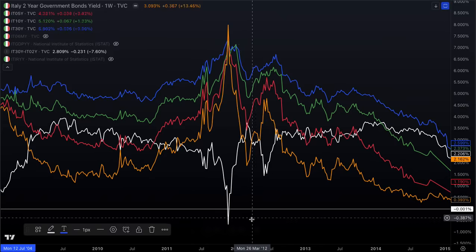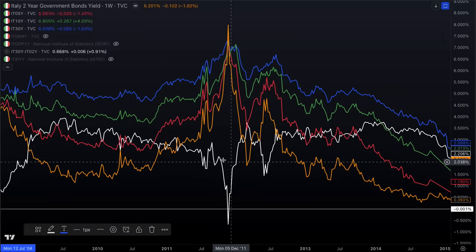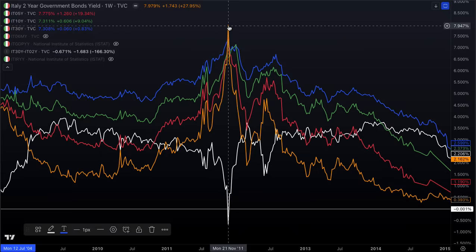Well, look at what happened to the difference between the 30 and the 2. It was positive, right? But what started to happen, it actually went negative, meaning the 2-year was actually a higher yield than the 30-year. Why does this happen? Well, if you are concerned about the imminent health of your country, you're going to demand a higher premium for very, very short term bonds that might mature in the next year or two.